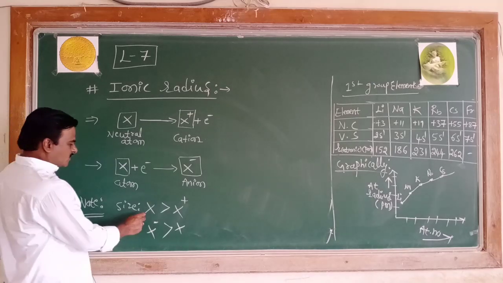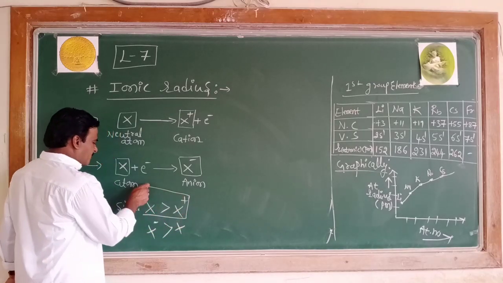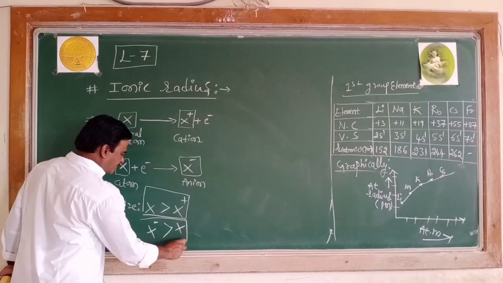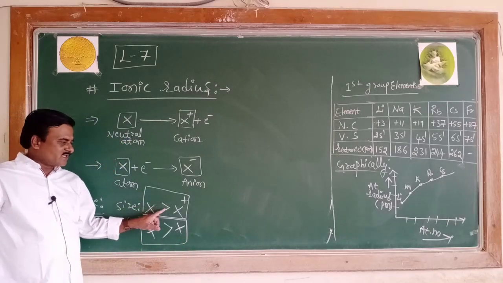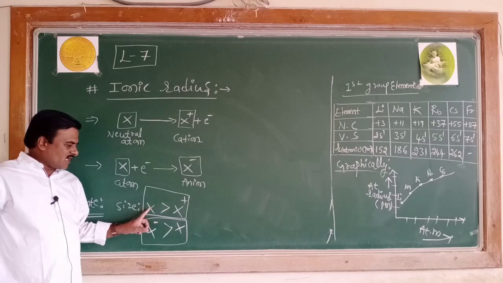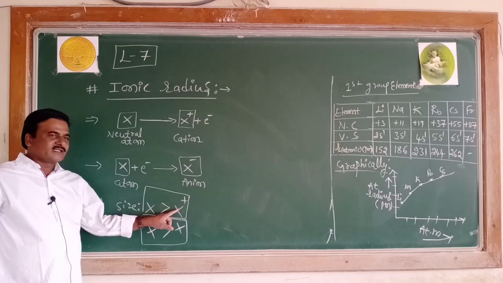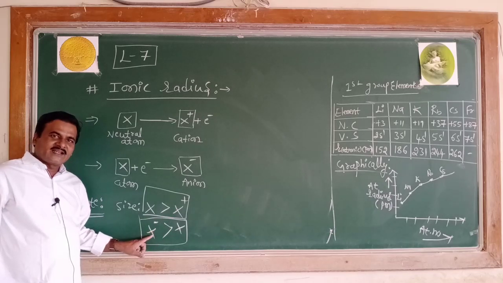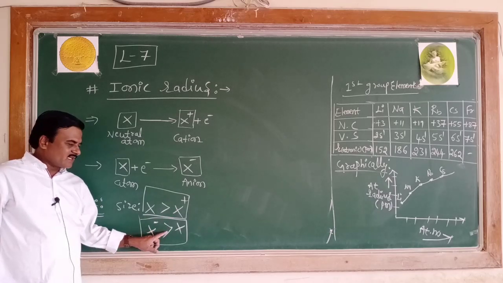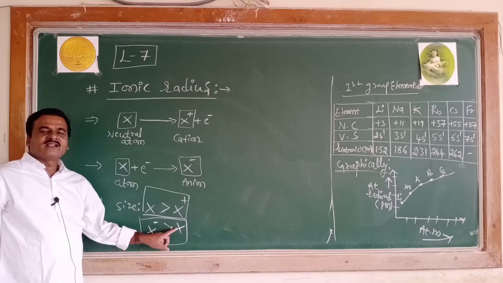So I can conclude these two symbolic representations by the terms: the size of a neutral atom is larger than its cation. Second, the size of an anion is always larger than its neutral atom.